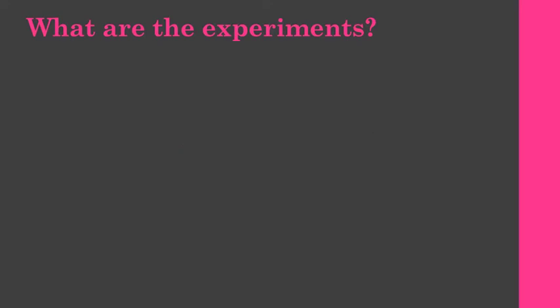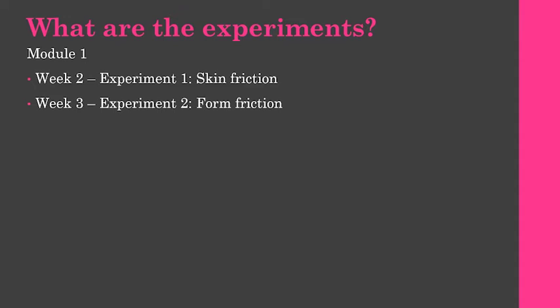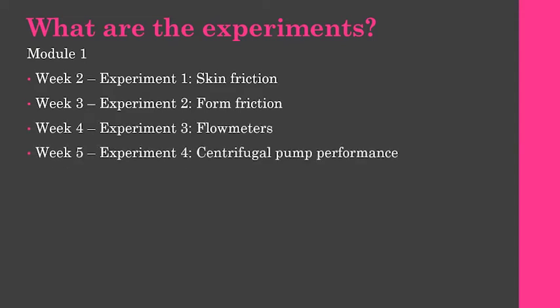Next, let us enumerate the experiments. We have 8 experiments, 4 experiments for each module. For Module 1, to answer course outcome 1, we have 2 experiments. Experiment 1 and Experiment 2 deal with skin friction and form friction. To answer course outcome 2, we have Experiment 3, flow meters, and Experiment 4, centrifugal pump performance.